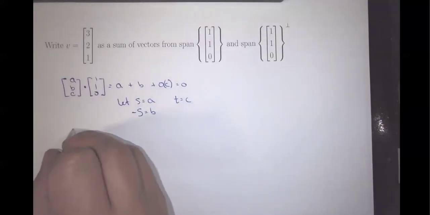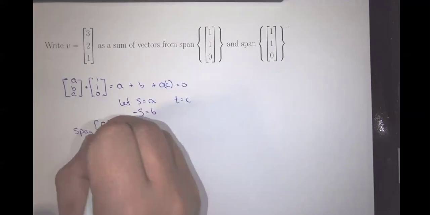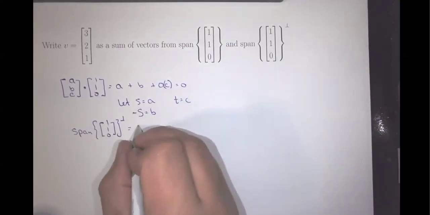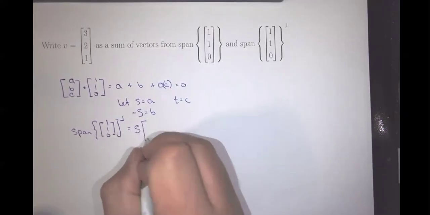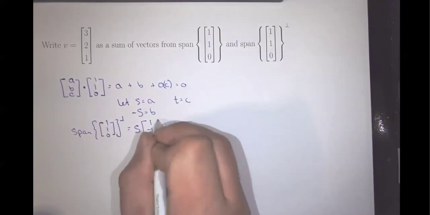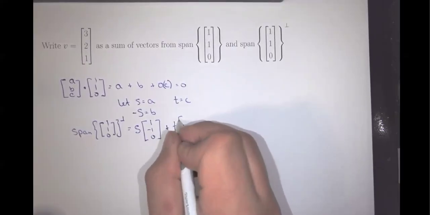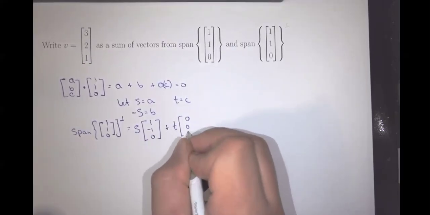So the span of 1, 1, 0, the orthogonal complement to that, are things that look like S times 1, negative 1, 0, plus T times 0, 0, 1.